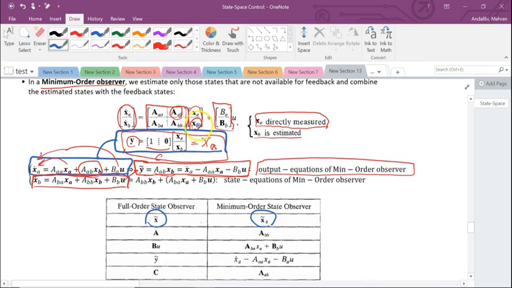Now, XB are those states that you estimate. Their estimations, we call it XB tilde. The fundamental matrix you had was A. Here is ABB. As you can see, it's ABB that is multiplied in the observer.